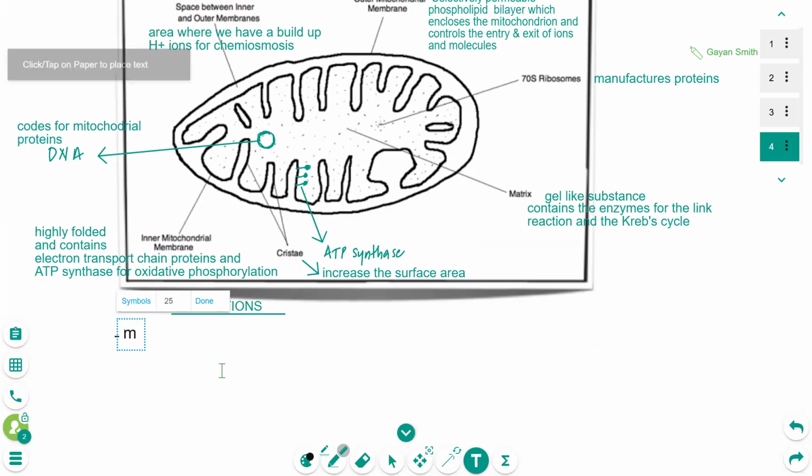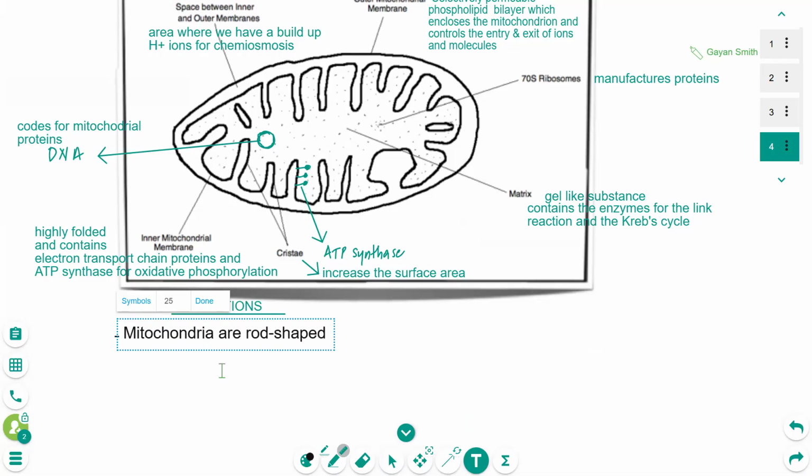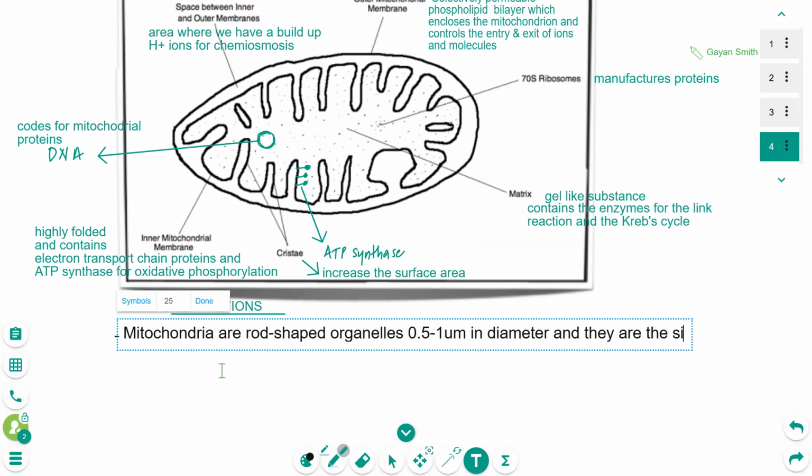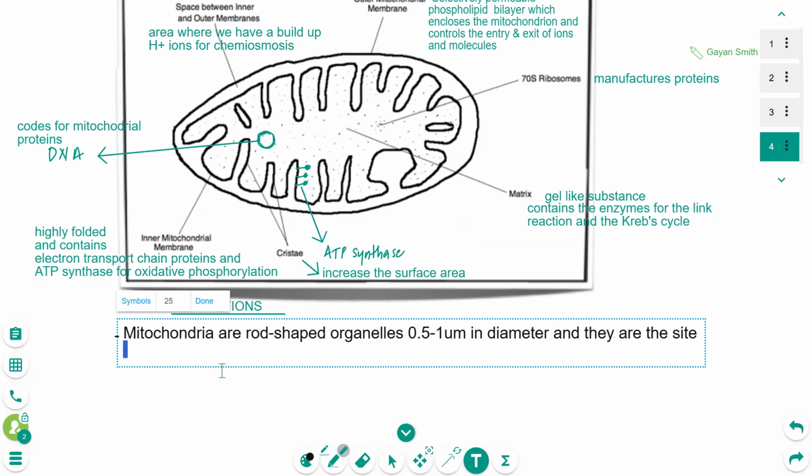Right, so mitochondria are rod-shaped organelles, which are like 0.5 to 1 micrometer in diameter. And they are the site of aerobic respiration.